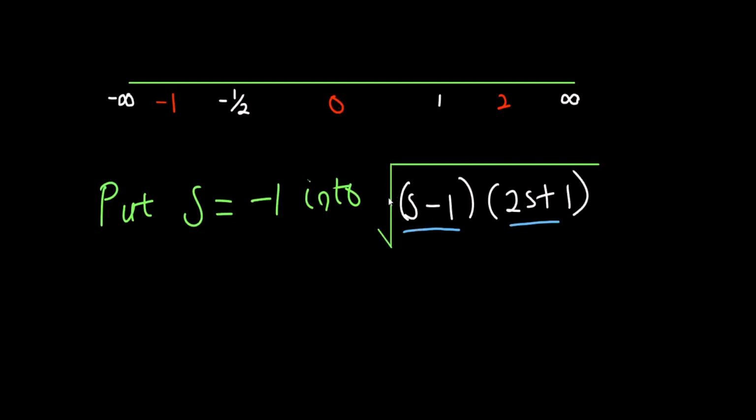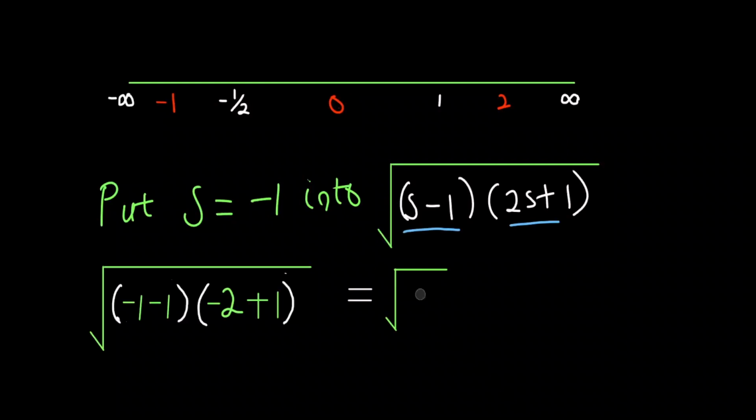For the expression to be valid, the expression under the root has to be greater than or equal to 0. Minus 2 times minus 1 is 2. Hence, we can say that this is valid. The expression is valid.